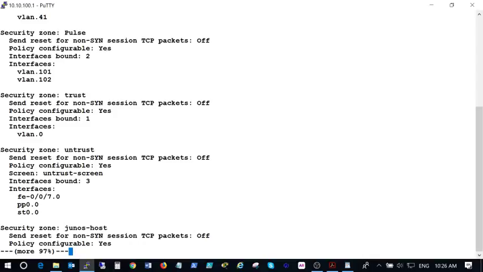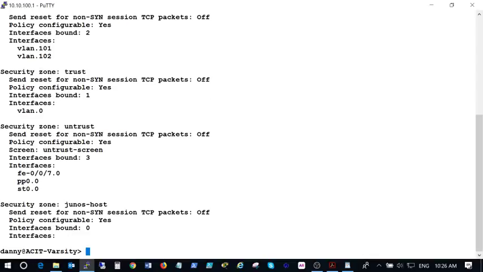All logical interfaces in that zone. And there's a security zone called GNOS host, and there's nothing in there at all. That's the default GNOS host zone. Not used. Any questions about what we're looking at on the screen there?